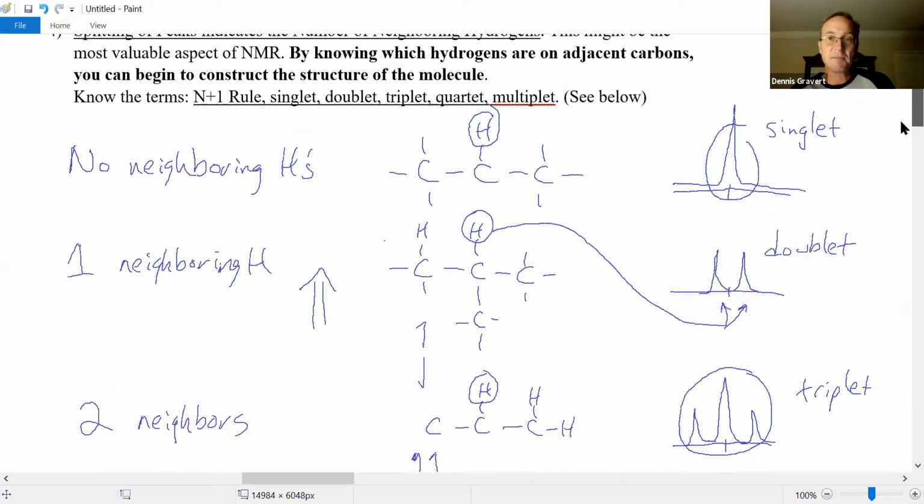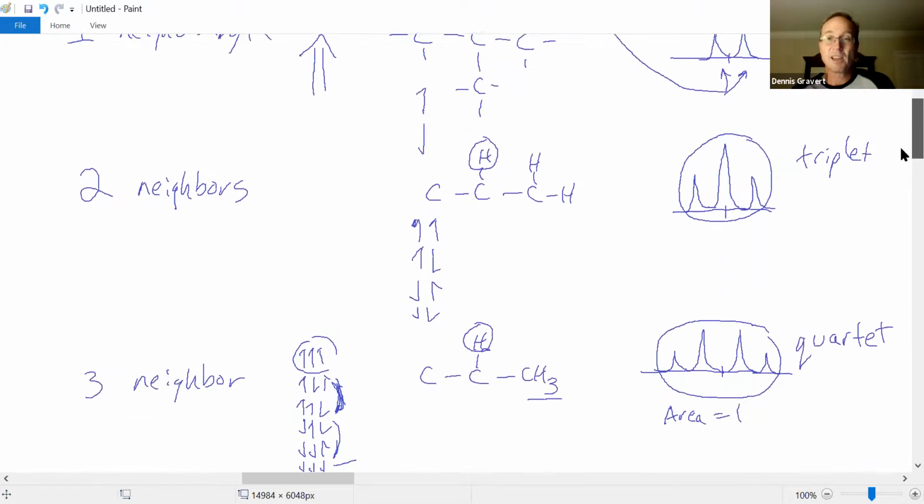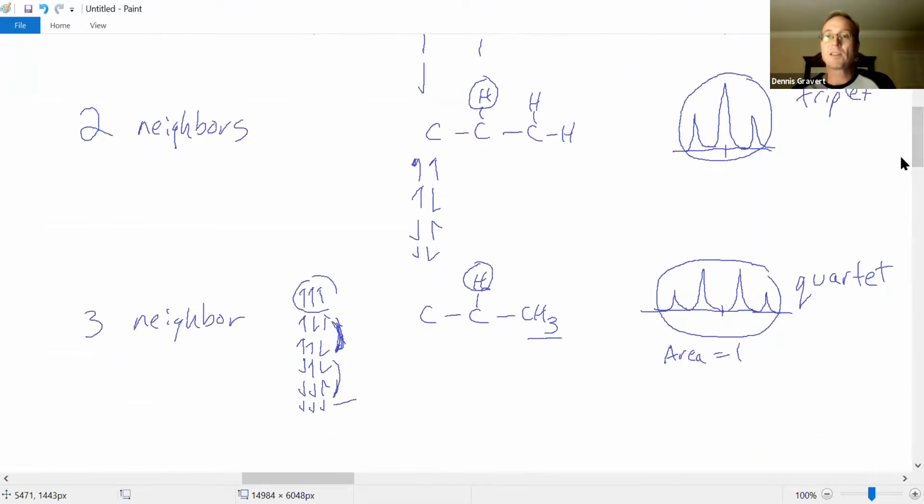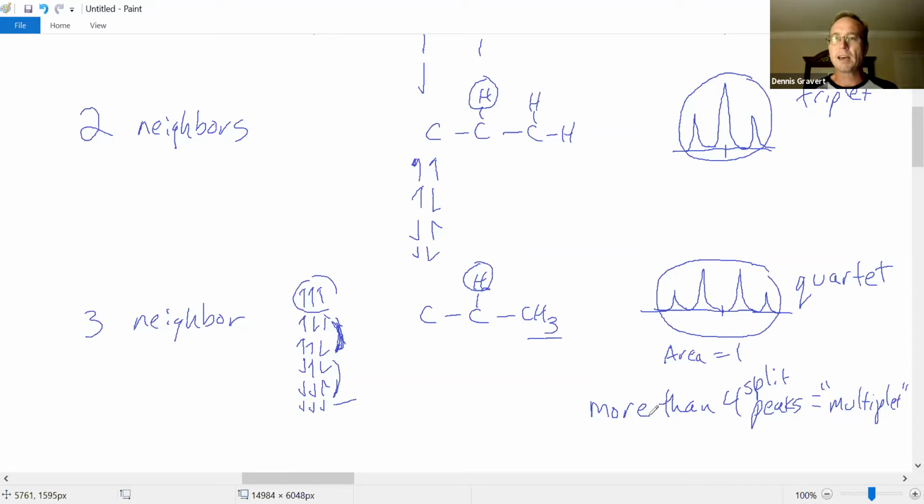However, on exam, we're not going to. If you have more than 4 peaks, you can just call it a multiplet. More than 4 split peaks, we're going to call it a multiplet because you'll notice that the peaks on the edge are getting smaller and smaller.